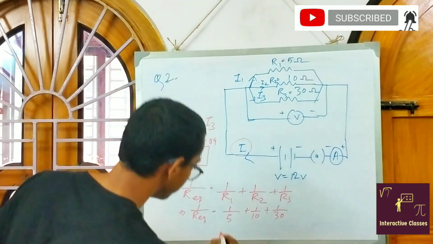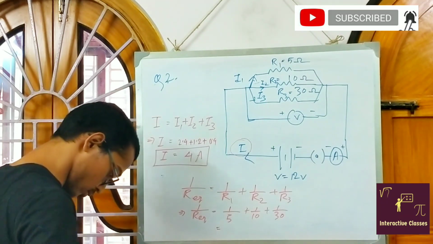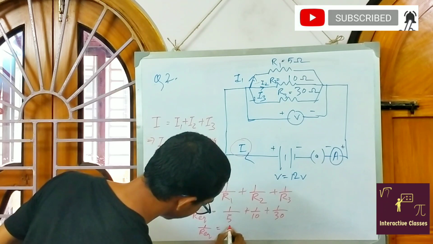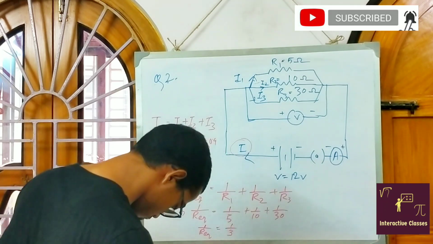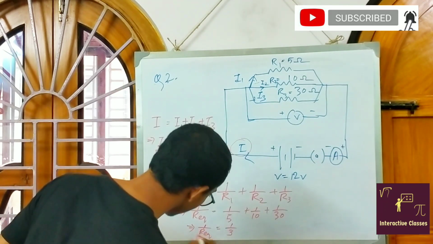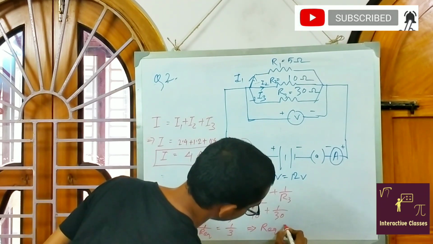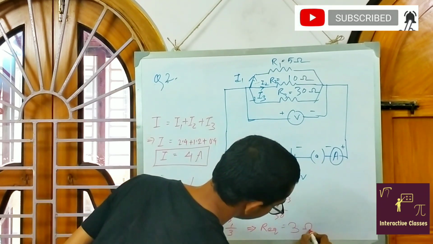So what we get is 1 by R equivalent is equal to 1 by 3, isn't it? Yes, 1 by 3. So if we take the reciprocal, we get R equivalent is equal to 3 ohm.